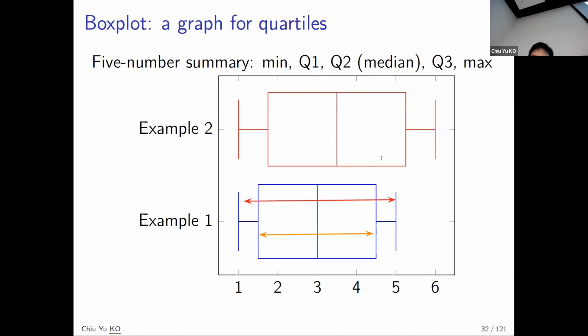You can argue the range and interquartile range are much larger in example 2 than in example 1. That is how you usually use it. You look at different groups, and the interquartile range can tell you things. This is a very useful tool.